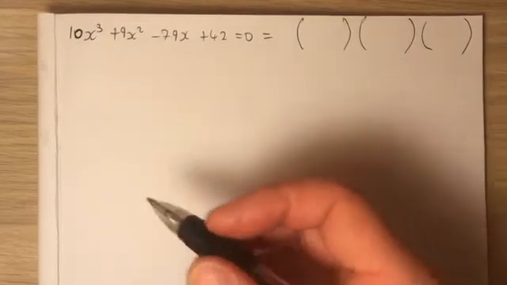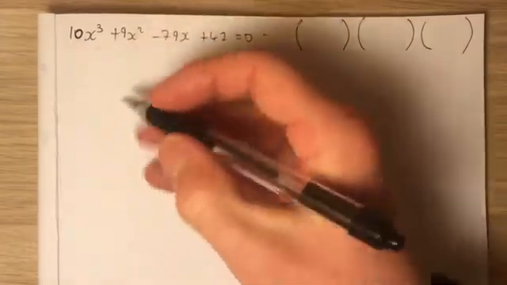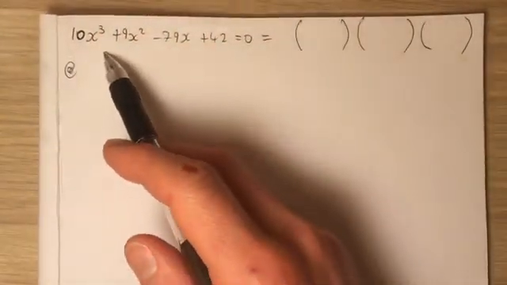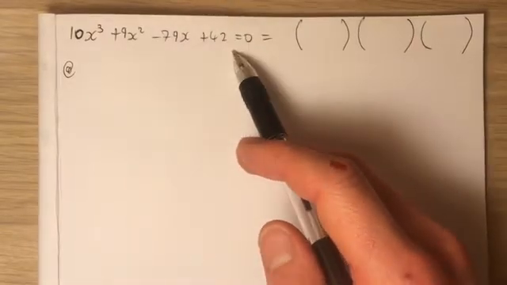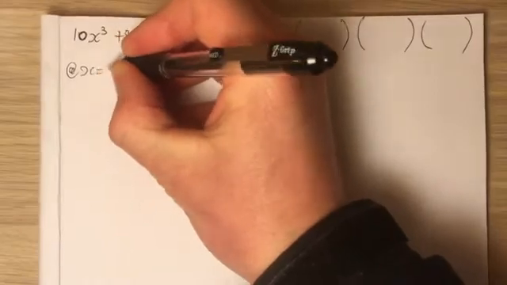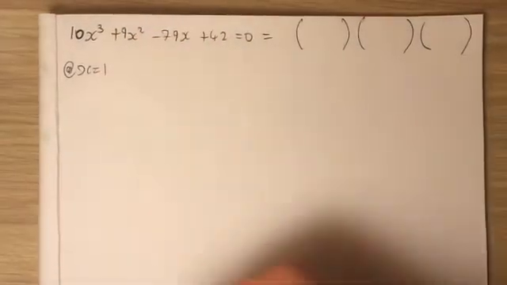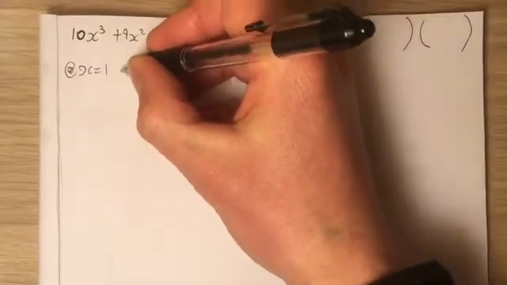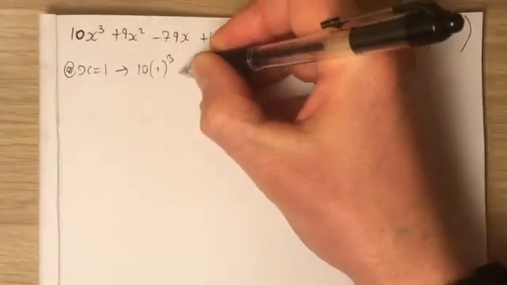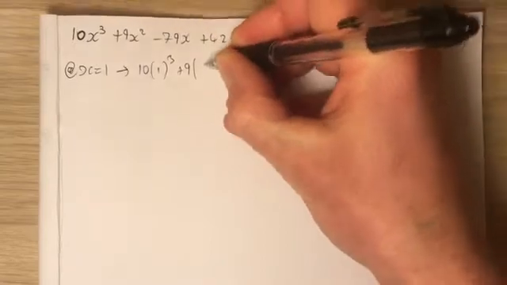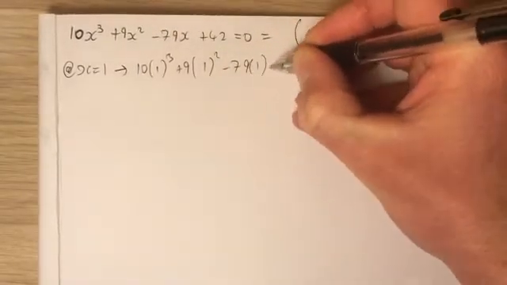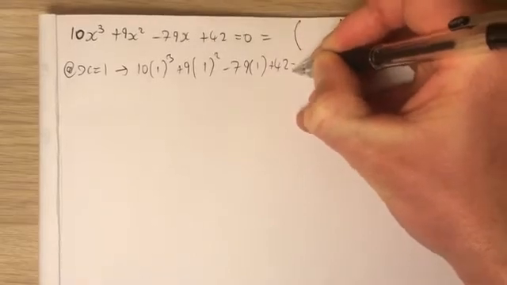In terms of getting started, we're just going to try and see if we can get lucky. So I could try x equals 0, but straight away you can see 0, 0, 0, 42. So I'll get remainder 42. Let's try x equals 1. If I sub in x equals 1, what am I going to get? 10 lots of 1 cubed plus 9 lots of 1 squared minus 79 lots of 1 plus 42.